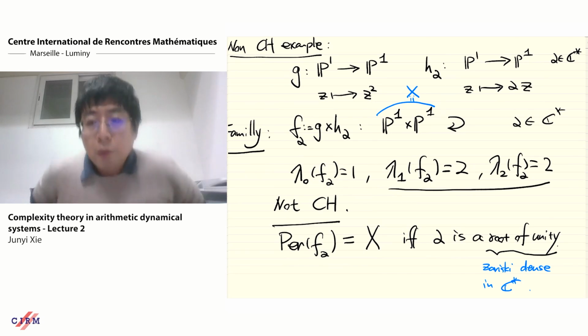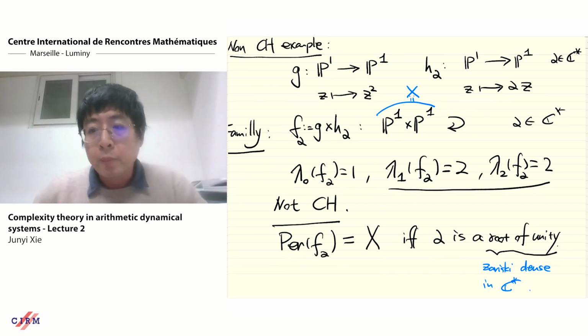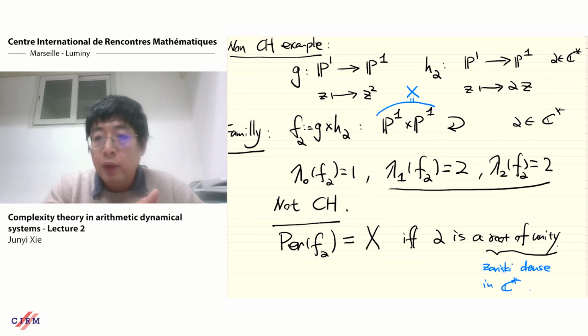So this example shows that if F is not cohomologically hyperbolic, whether it has Zariski dense periodic points or not is very sensitive, because in one continuous family you have many parameters such that the periodic points are Zariski dense, but also many parameters such that they are not Zariski dense.